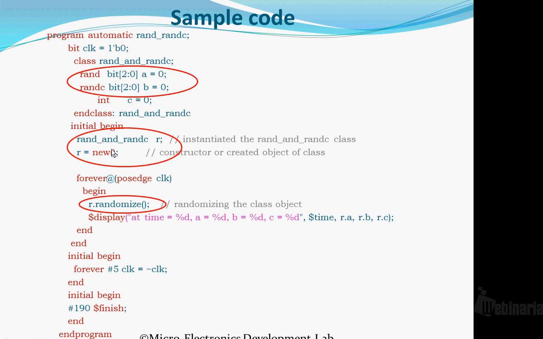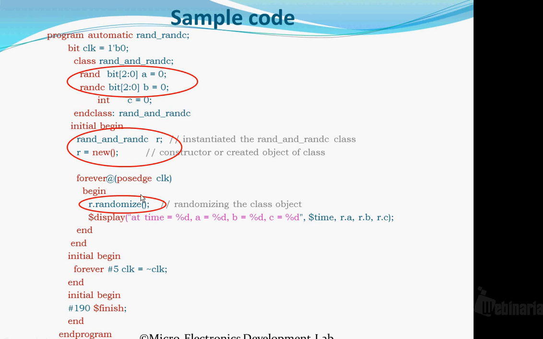Now coming to step 3. Step 3 states to call the randomize method on the class object. In this code, the class object name is R. Here I am calling the randomize method on the class object, and the syntax is class object dot randomize.